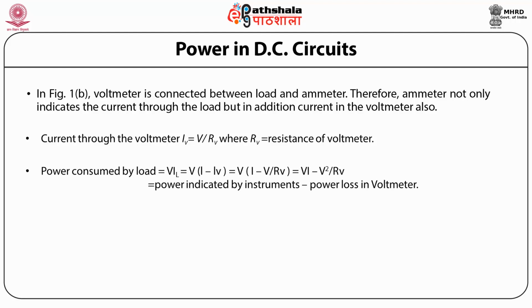The power consumed by load is given by V multiplied by IL, which is given by V multiplied by (I minus IV). We can write this as V multiplied by I times (1 minus V by RV), and the final equation becomes VI minus V square by RV. Thus, the power consumed by load is given by power indicated by instruments minus power loss in voltmeter.